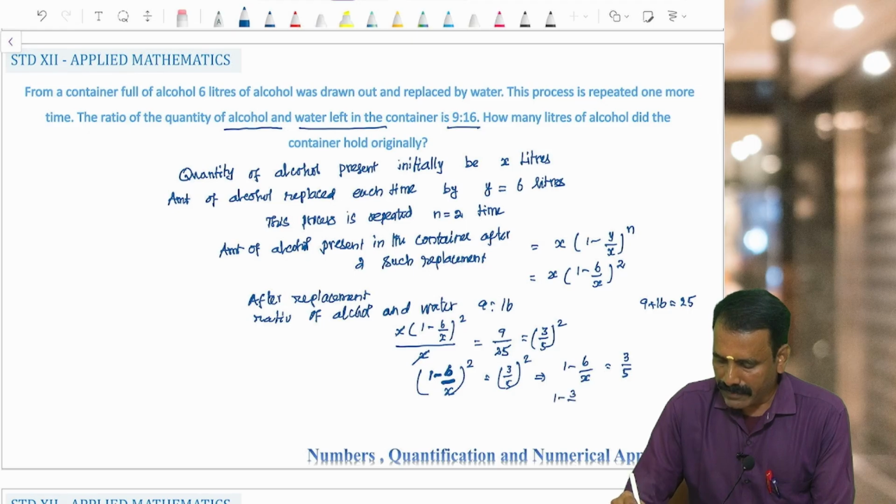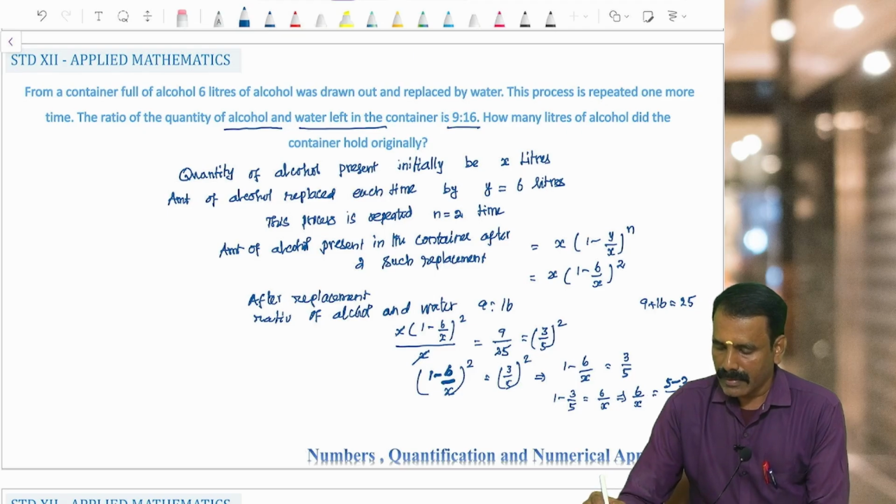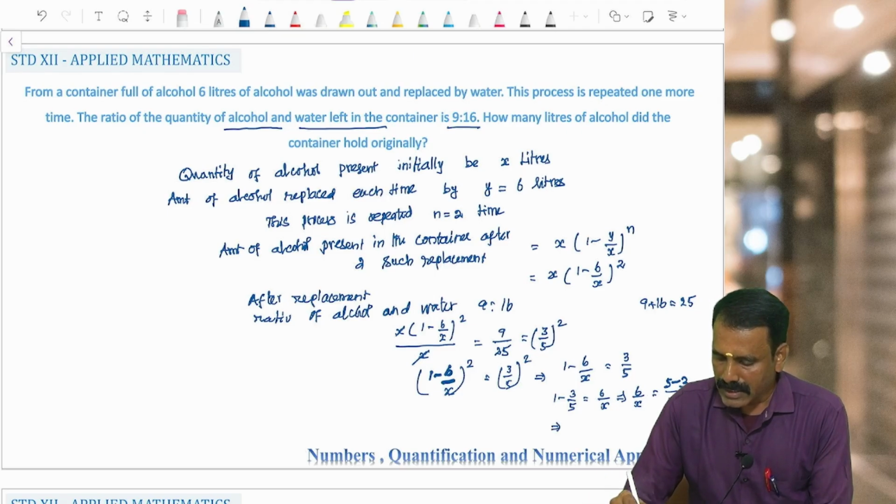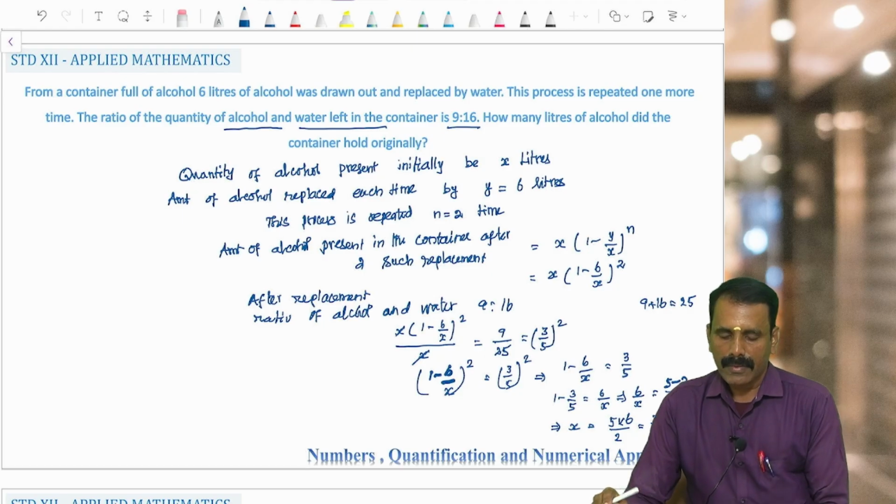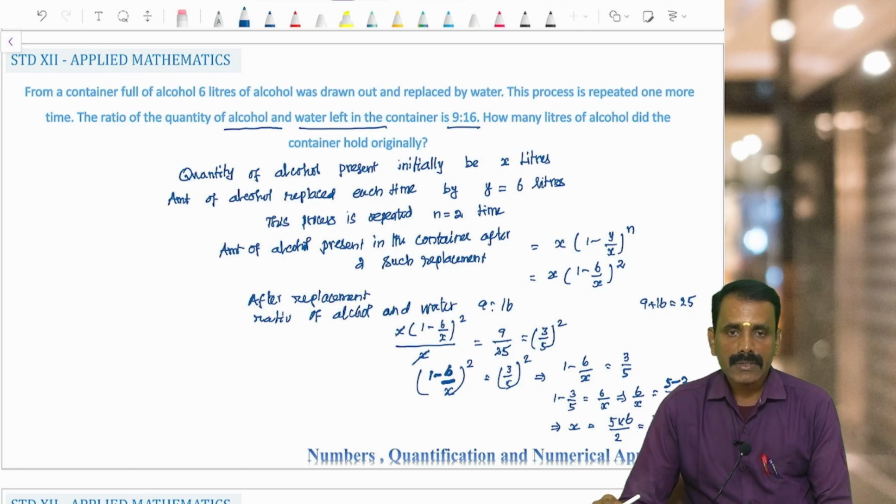So 1 minus 3 by 5 is equal to 6 by x, which implies 6 by x is equal to, we take LCM and simplify, 5 minus 3 by 5, which is equal to 2 by 5. So ultimately the initial amount of alcohol present, X is equal to 5 into 6 divided by 2 by cross multiplication rule. So this is equal to 30 by 2, 15 liters. So initial amount of alcohol present in the container is going to be 15 liters.